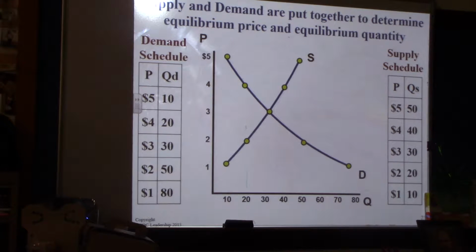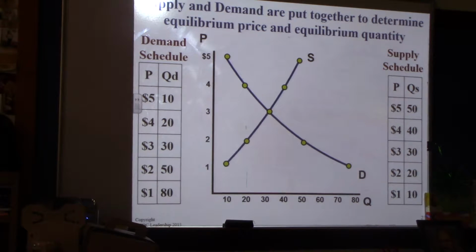At $3, suppliers are willing and able to supply 30, while on the demand schedule at $3, consumers are willing and able to purchase 30 units. So they intersect at that point. It's an equilibrium, a balance between supply and demand.